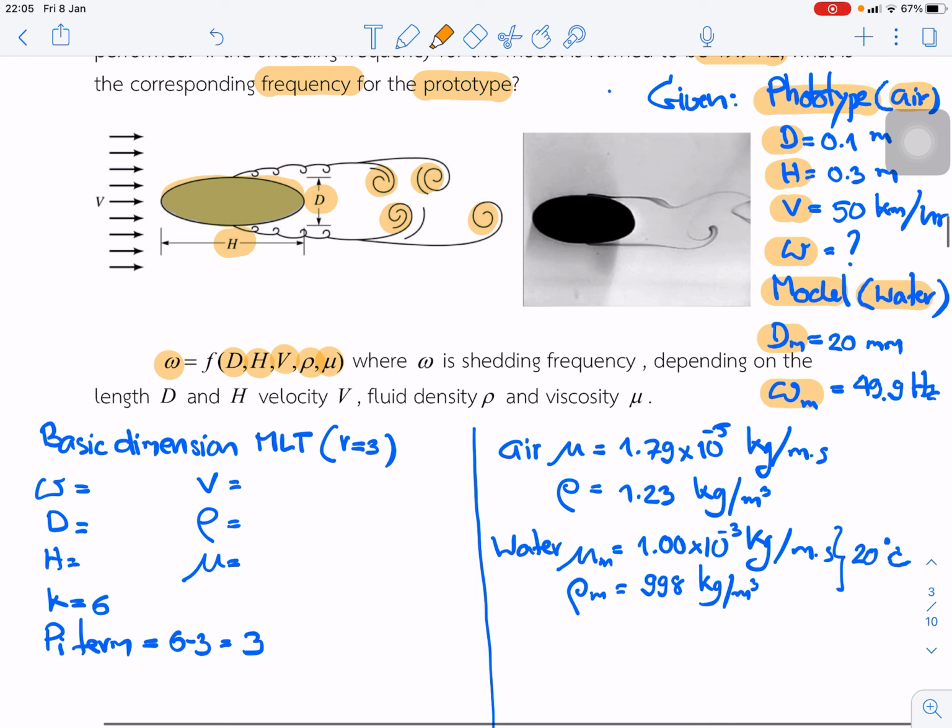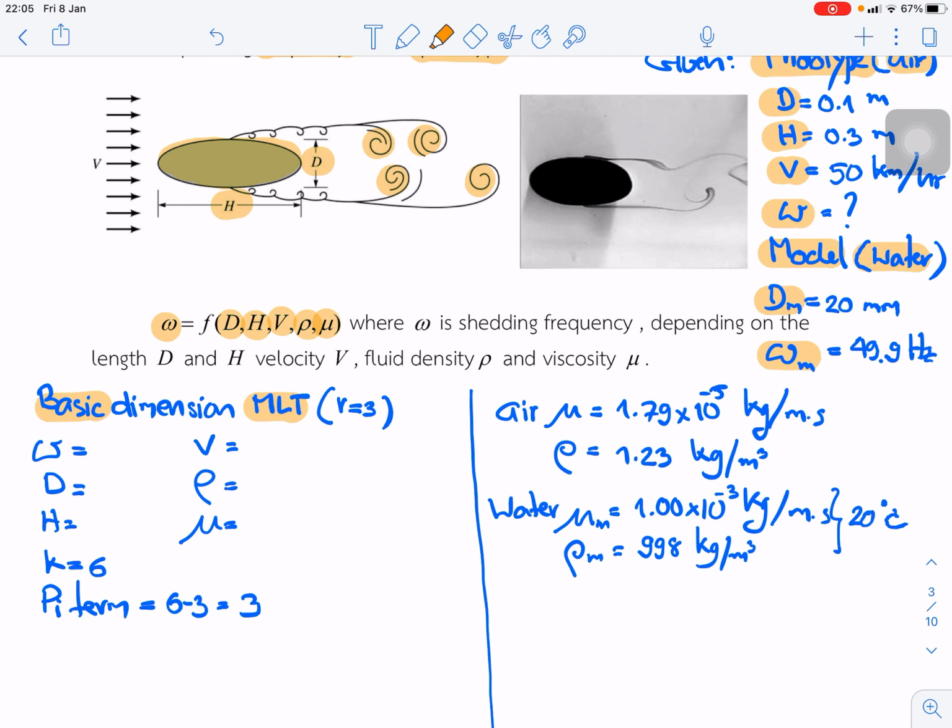We start by writing the basic dimensions of the 6 variables based on MLT. So r is 3.